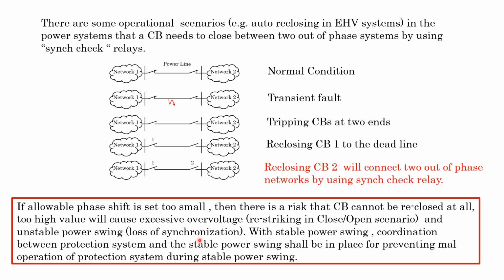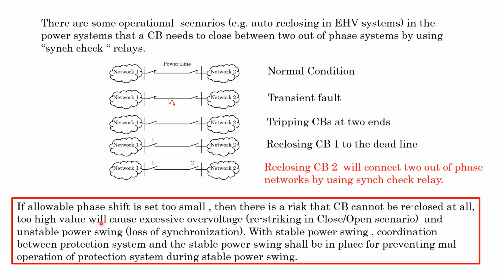But the problem is, if you put a very low value, then there is a risk that the circuit breaker cannot be reclosed at all. You never reach that point. If you set 5 degrees difference between these two as the maximum allowable phase shift, then you never see 5 degrees and this cannot be reclosed at all.